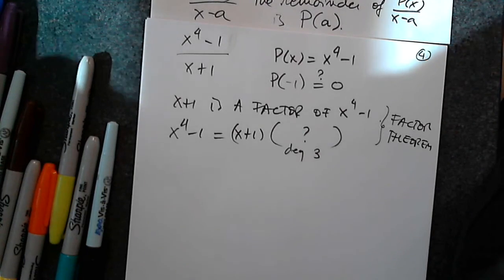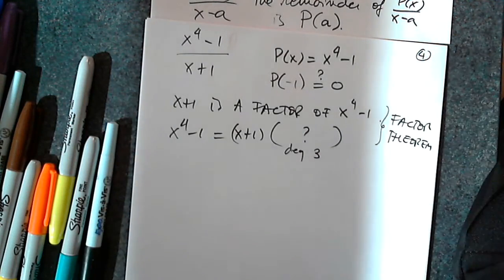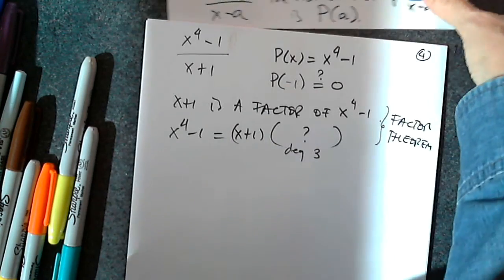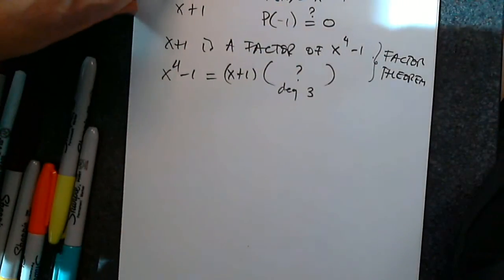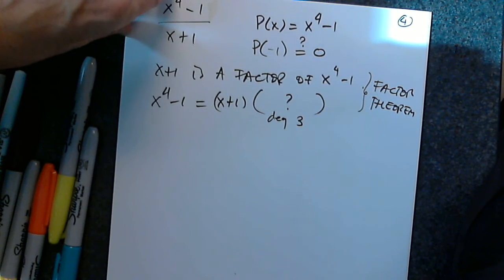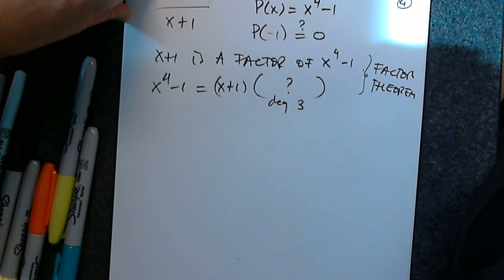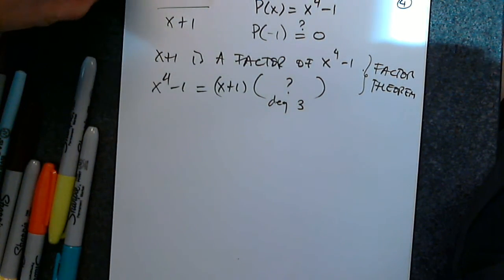So now we are ready for rational functions. We have to look at 3 different types of rational functions. How many are there? Infinite. But in this class, we can only look at 3 different types.